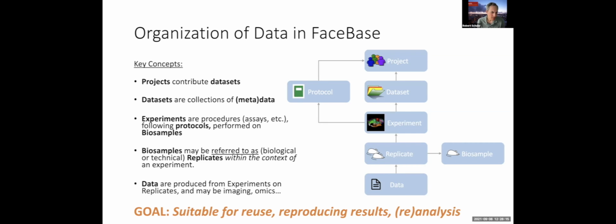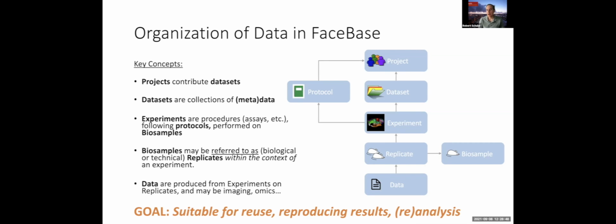So our overall goal with the data that we collect and distribute is that we want to provide you with data that is suitable for reuse, for reproducing results, and for analysis or reanalysis. So the data that, by and large, almost entirely that you'll find, if it's not reference data, are the highest resolution, the earliest data that we could collect from those who contributed data to FaceSpace.